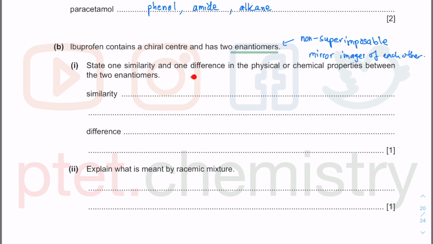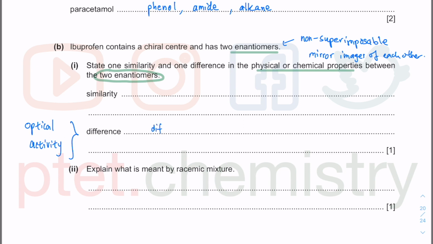Now, one similarity and one difference in the physical or chemical properties. We know that these enantiomers are the same in every single aspect except for their optical activity. This is something that you would have come across in the new A2 syllabus, specifically under organic synthesis. They mention different optical activity.